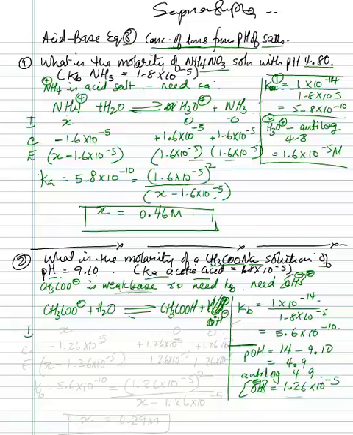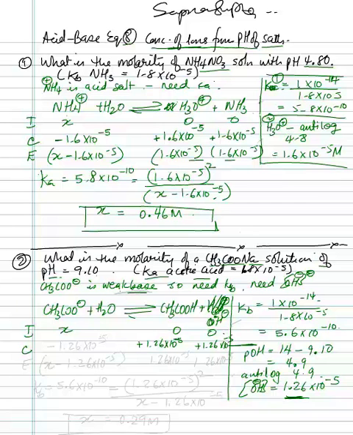For the initial concentration, this is X, that's what we're trying to figure out. Everything else is 0 and 0. For the change in concentration, that is what you just calculated here. The change is plus 1.26 times 10 to the negative 5 for acetic acid, and for the hydroxide also plus 1.26 times 10 to the negative 5.